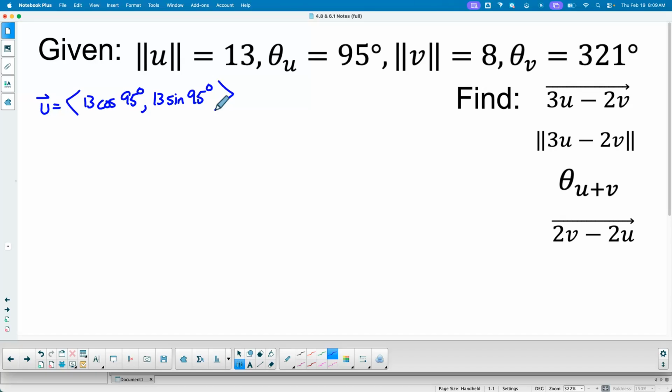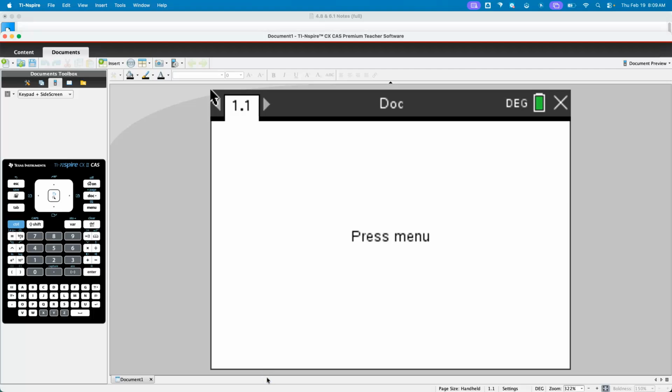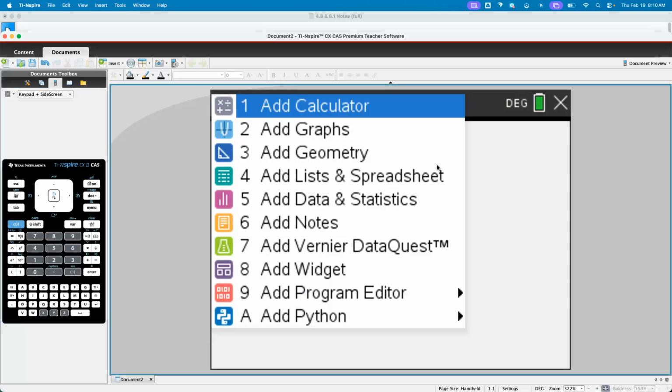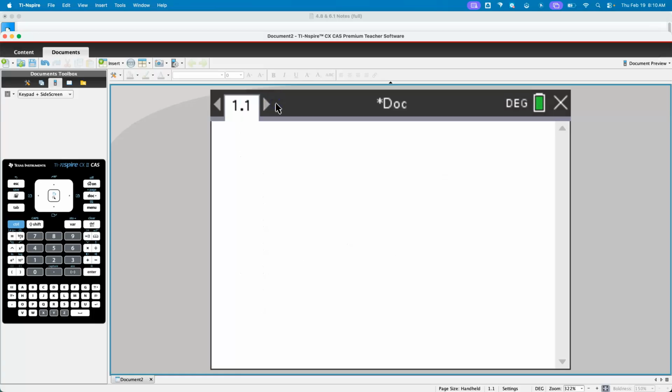So on my calculator now, I need to be in a document in order to do this. You need to be in a document, and I need to be in a calculator. Don't save it if you have to save something.